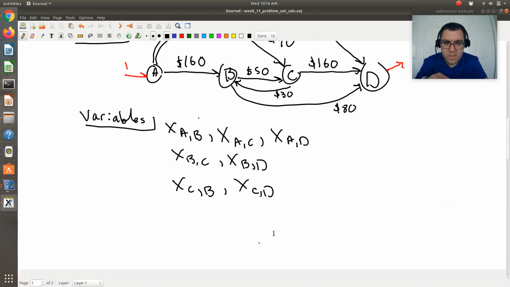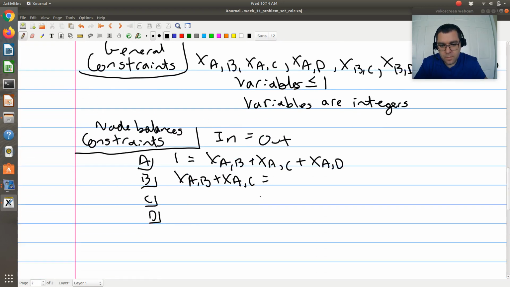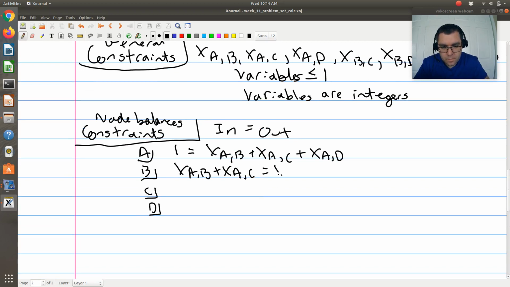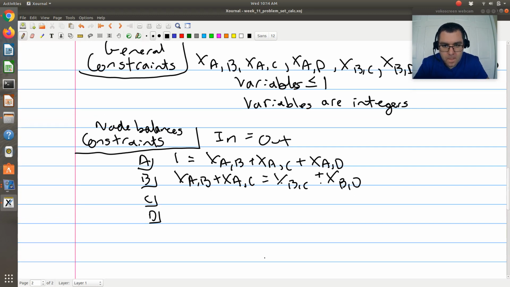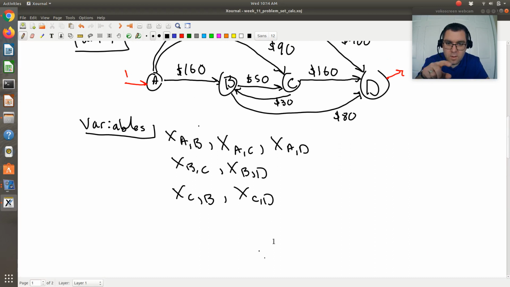Leaving is XBC and XBD. So at B, 2 in and 2 out.